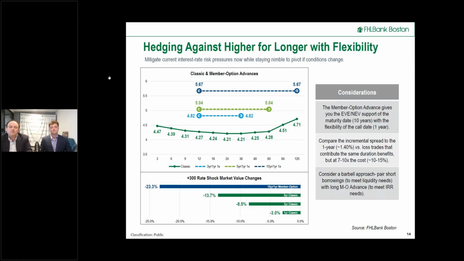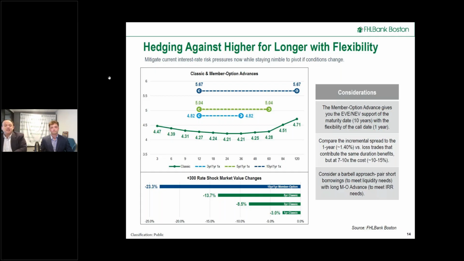But the way to think about this is not the sticker shock of the high rate. Think about it in terms of the incremental interest expense versus the 1 year advance, a part of the curve that has an awful lot of value, both from a rate risk and a liquidity risk perspective. So when you think about it, it's about 140 basis points to do the 10-year, 1 year structure, as opposed to just taking a plain old 1 year bullet.